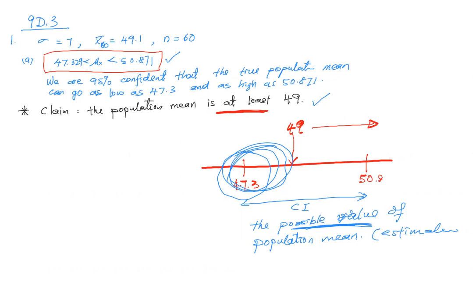Am I right? Because my reference is here. I say at least 49 means it must be greater than or equal to 49. So I have sufficient evidence to reject the claim because the lowest possible predicted population mean can be as low as 47.3, which is less than 49.